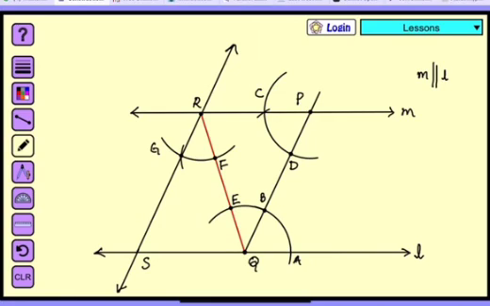And this line would be N. Then if you find, children, the shape enclosed by the two sets of parallel lines is a parallelogram. I hope all of you understood. Now moving on.